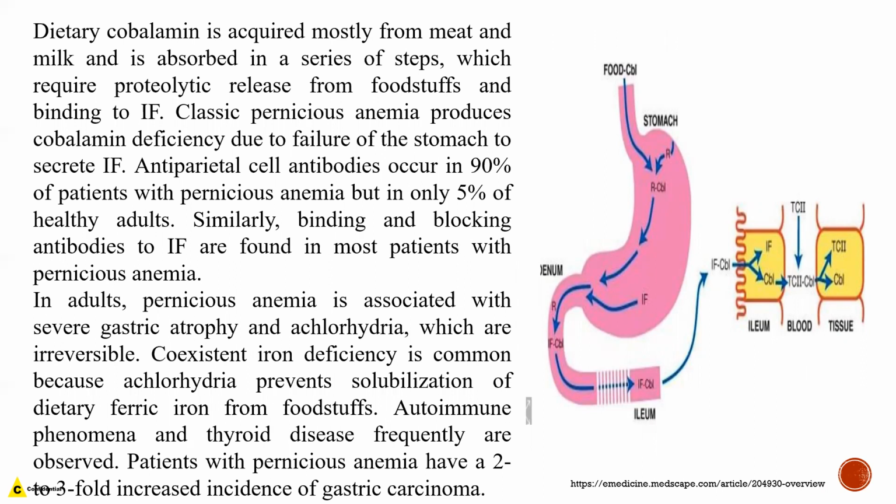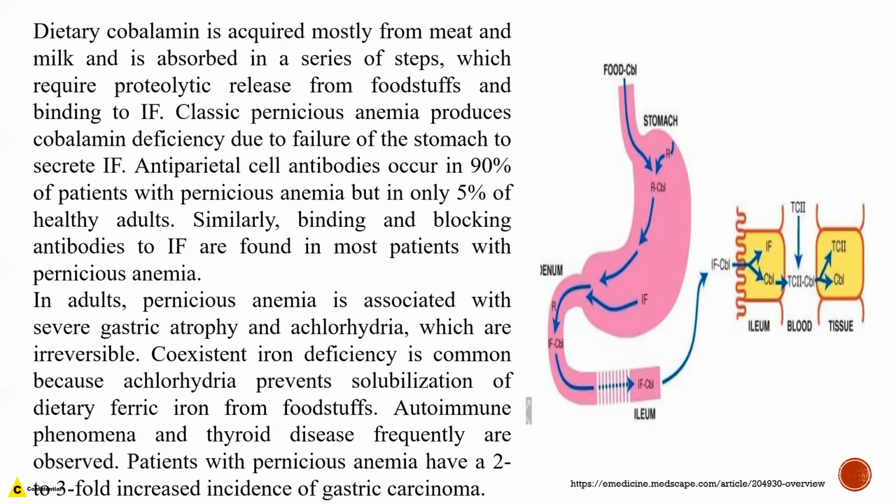Classic pernicious anemia produces cobalamin deficiency due to a failure of the stomach to secrete intrinsic factor. Antiparietal cell antibodies occur in 90% of patients with pernicious anemia, but in only 5% of healthy adults. Similarly, binding and blocking antibodies to intrinsic factor are found in most patients with pernicious anemia.